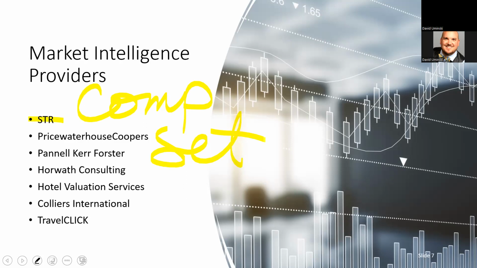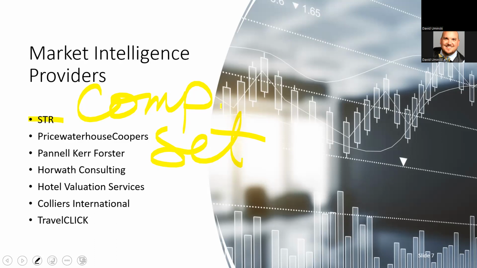So these are the specific hotels that I'm in direct competition with. We talked about comp set a little bit last class period about how it can be based on location, the level of service, the type of hotel, even the brands.